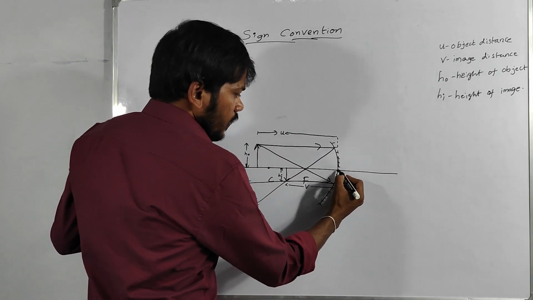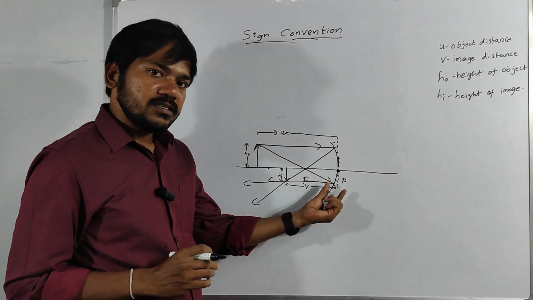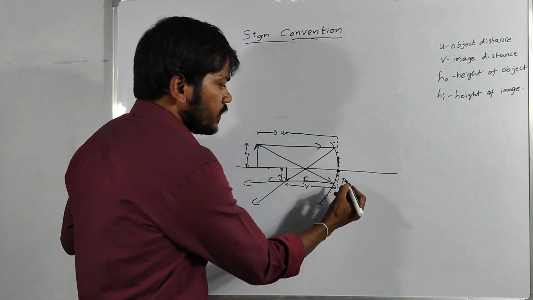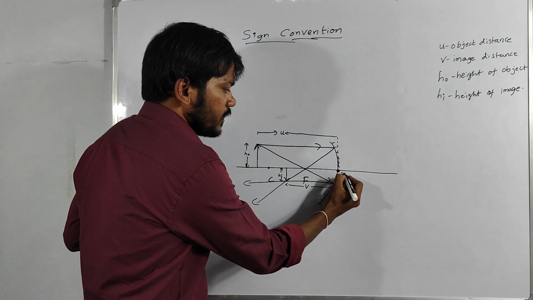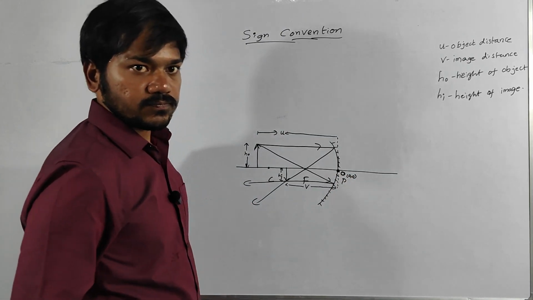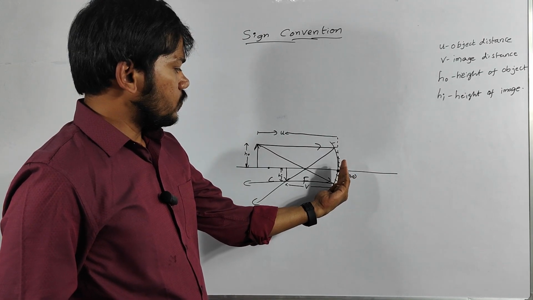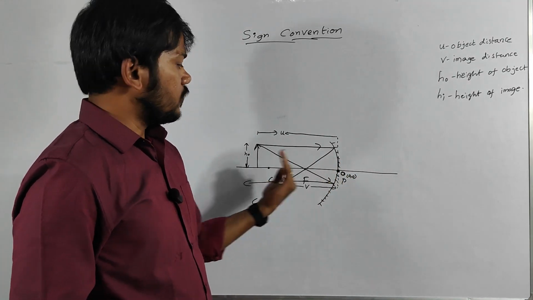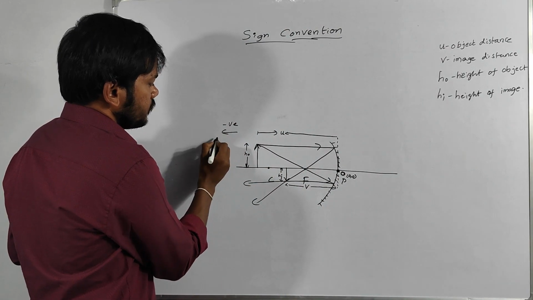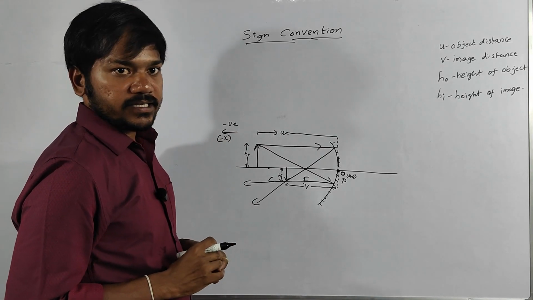In the same way, the sign convention says all the distances must be measured from the pole. We will discuss point by point. When the pole is at the origin of the axis, 0, 0, whichever distances are to the left side of the pole will become negative, because that is in the direction of negative x.